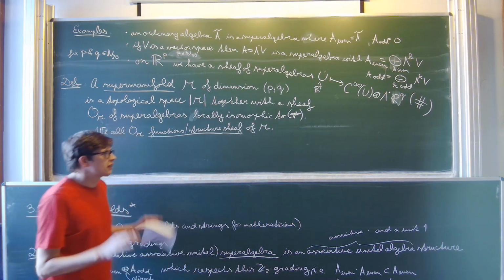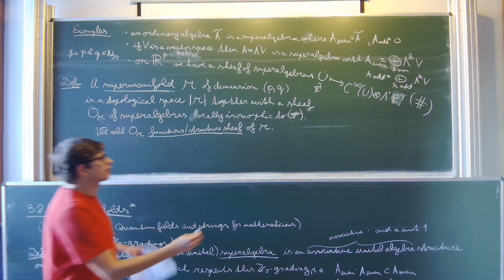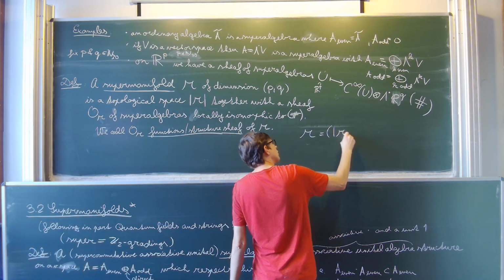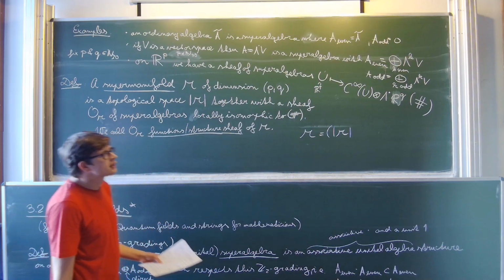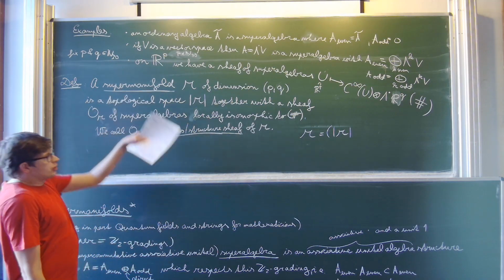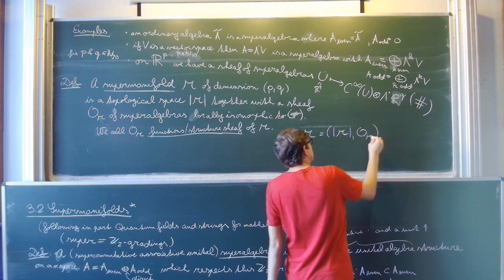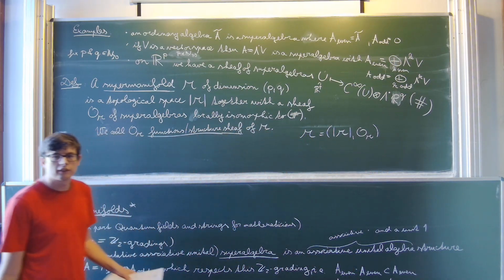We will pretend that this is our new space, but what it really is, is a pair. It corresponds to some ordinary topological space, really something that has points, and then a sheaf. So it's really a pair of data.